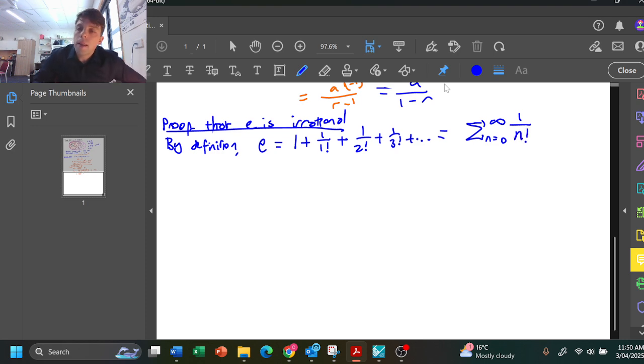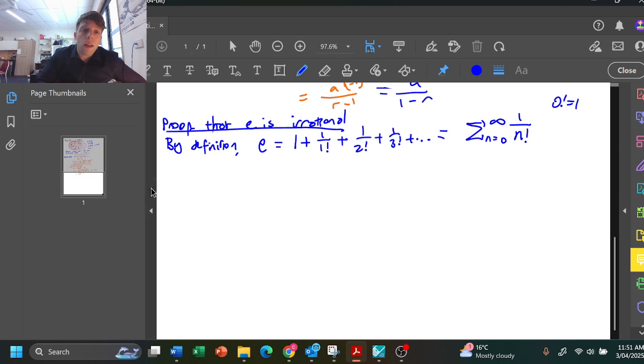So this notation is basically saying we're going to start out with 1 over 0 factorial, which is equal to, well, 0 factorial is equal to 1, if you don't remember. So therefore that's 1 over 1. So that's 1 plus 1 over 1 factorial plus 1 over 2 factorial plus 1 over 3 factorial, etc.